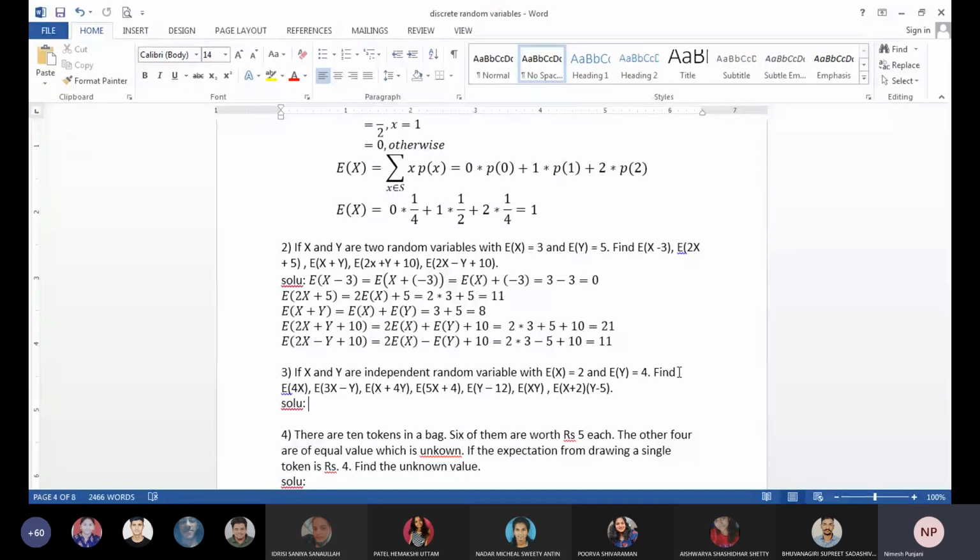Yes, anyone got the answer? For the last one, is E applicable for only one term or for both terms? It is expected value of x plus 2 into y minus 5.